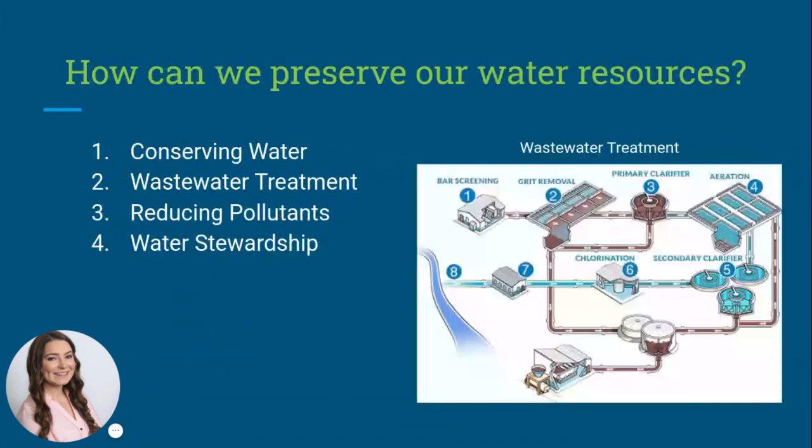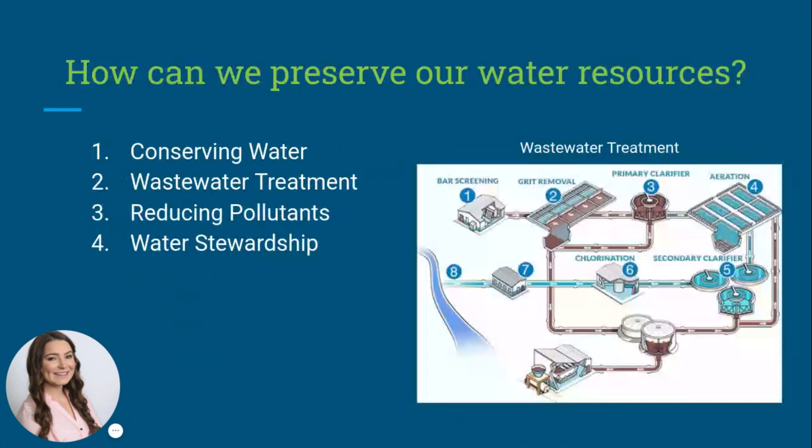So how can we preserve our water resources? First, conserving water, using water wisely, making sure to take short showers, turning off the water while brushing your teeth, and installing water-saving appliances like washing machines and dishwashers, and installing low-flow shower heads and toilets. Second, wastewater treatment, cleaning wastewater before returning it to the environment.